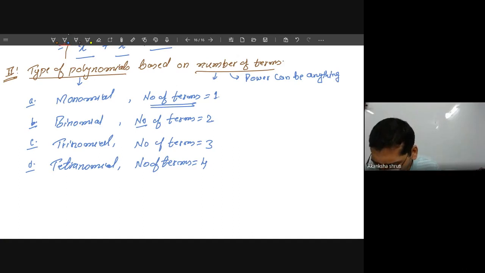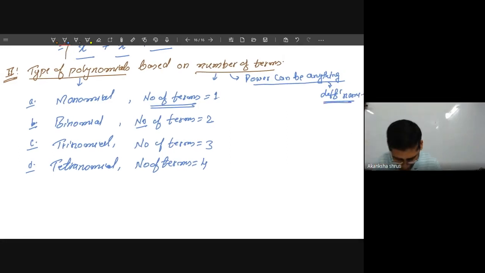Depending on power, there is a different name. And combining this name with the name given as per power that we have learned above, a single name can be given. Okay, student?